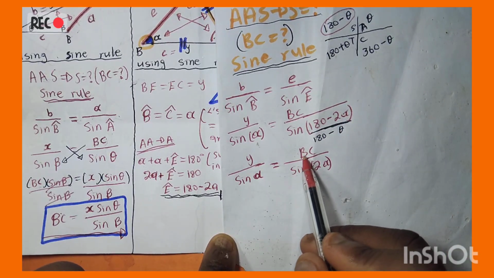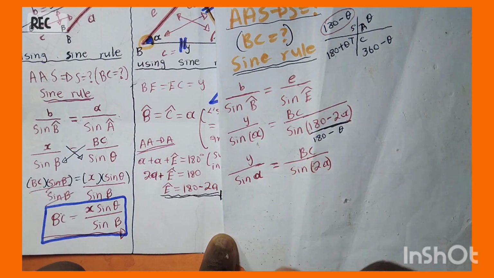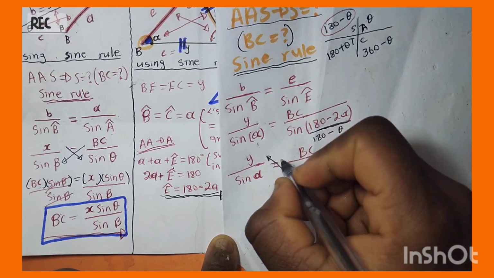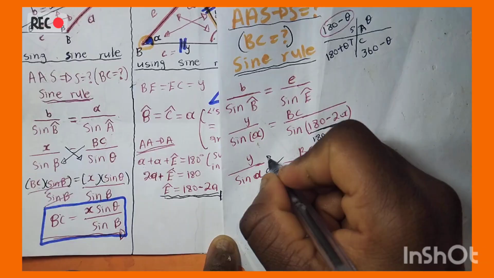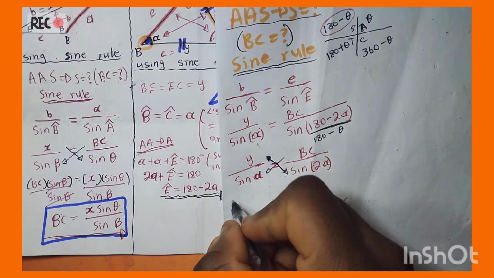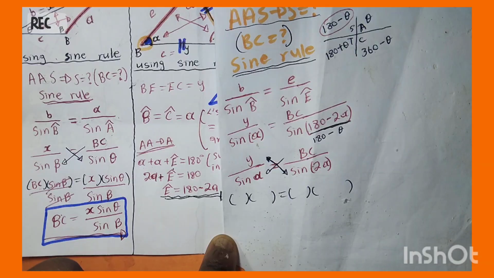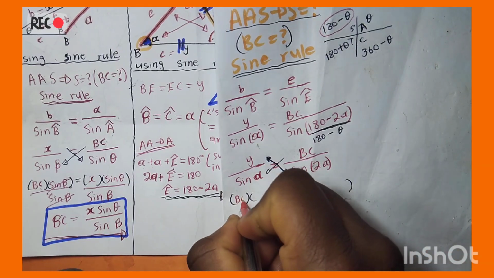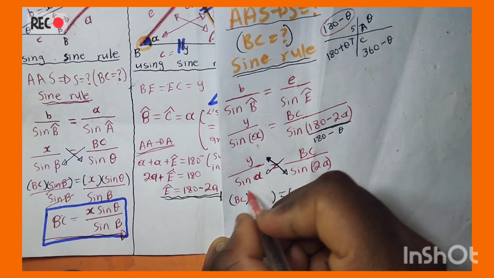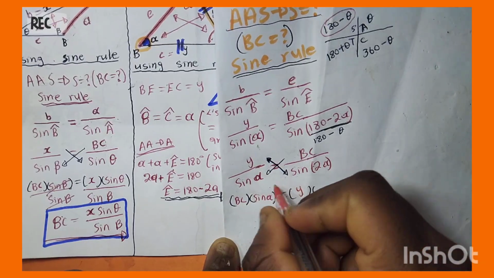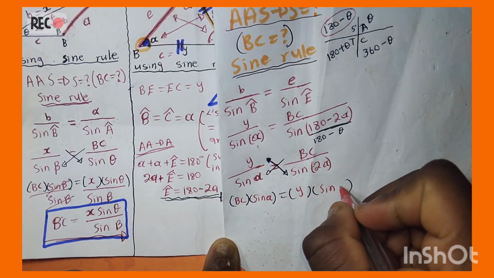So now let's make this the subject of the equation. Do our cross multiply, something like this. This one I prefer to bring here. So guys, just know the basics. This multiplied here is BC, this multiplied here is sine alpha, and this multiplied there is y, which here is sine 2a.